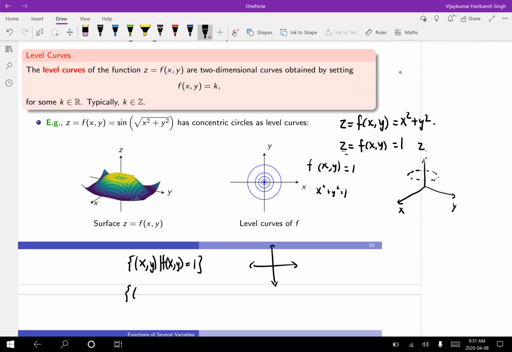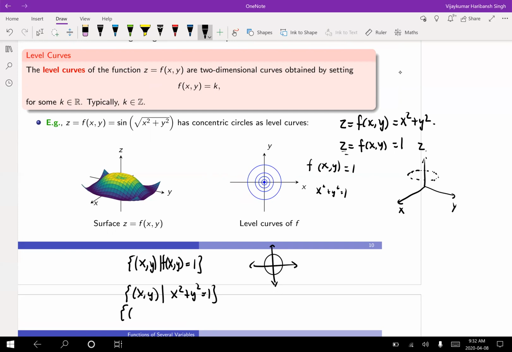In this case, we have x squared plus y squared equals 1, which is a circle of radius 1.